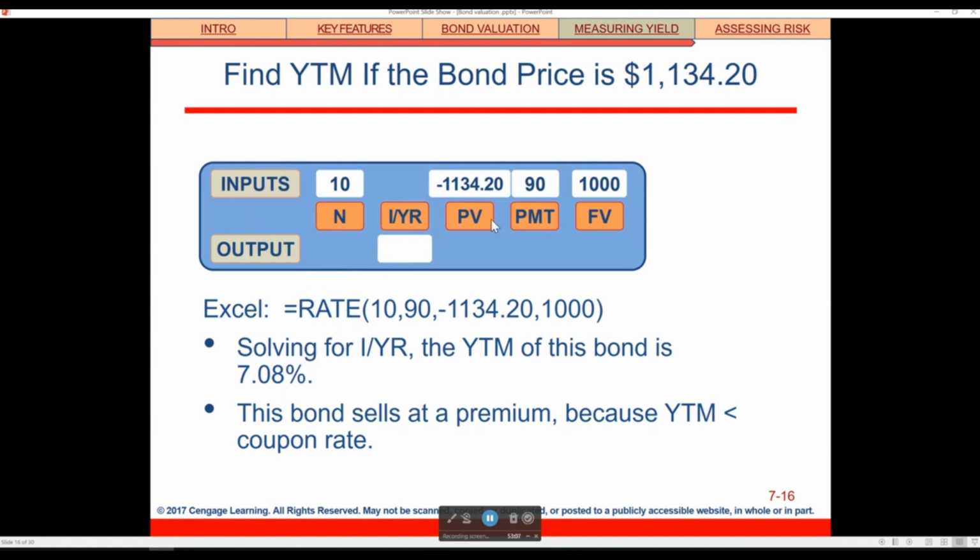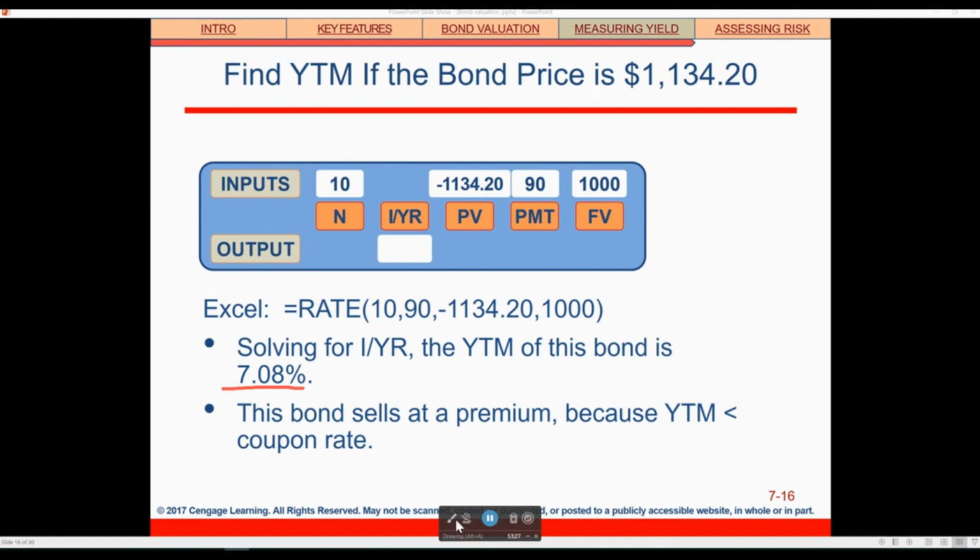However, when you solve that, you're going to find that your interest rate is 7.08%. So I want you to try to compute this value yourself and see if you're able to find it. That would be good practice for the practice questions and for the exam.